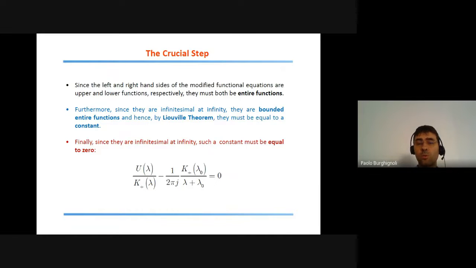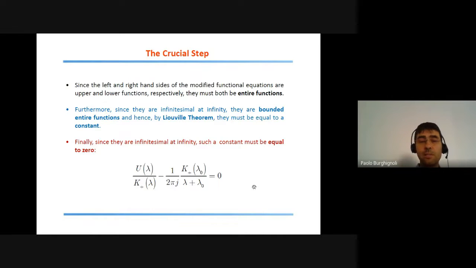If you do so with the left-hand side, what you get is the equation written here in the bottom part of this slide, that is u divided by k plus, minus 1 divided by 2 pi j times k plus evaluated at lambda 0 divided by lambda plus lambda 0, equal to 0.